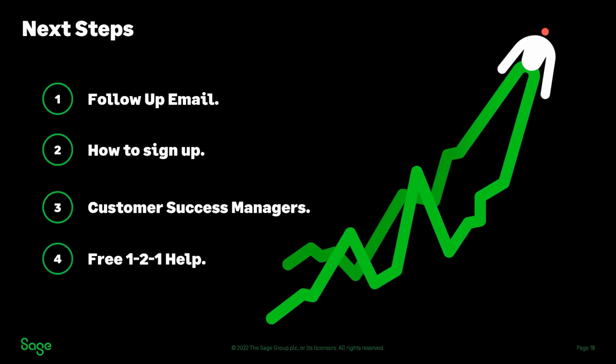You'll then also have access to optional free one-to-one help. Now, this is really good because you'll be able to talk to one of our onboarding experts, and it's vitally important for us to help you set up, as we'll help you upload all the employees into the software and answer any questions that you may have about getting started.